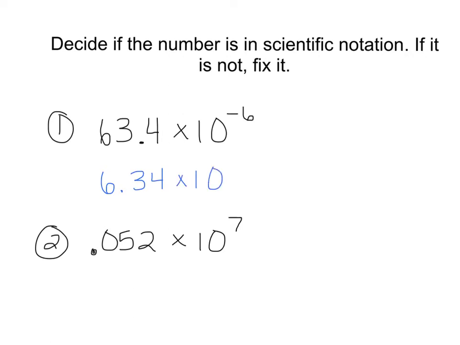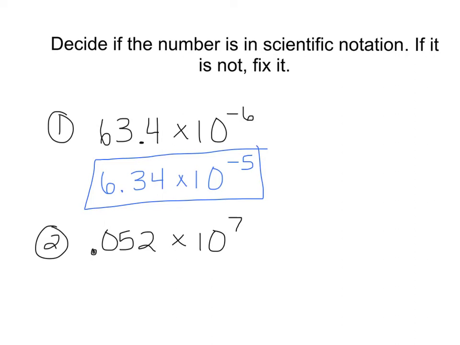The rule of thumb here is if this number gets smaller by changing it to scientific notation, then the exponent will have to get bigger. We got 1 decimal place smaller, so the exponent has to get 1 place value bigger. So 1 bigger than negative 6 is negative 5. And now it's in proper scientific notation.